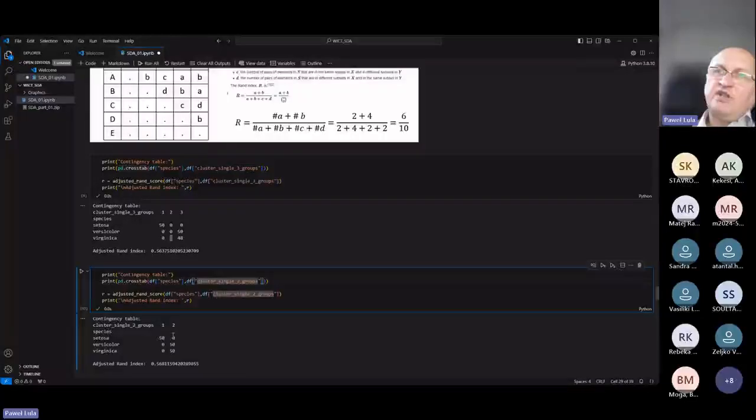Contingency tables here. So we see Setosa was recognized properly, versicolor and virginica, all flowers were assigned to one group. So we see that these flowers must be similar to each other. Rand index also is very low, 0.56.